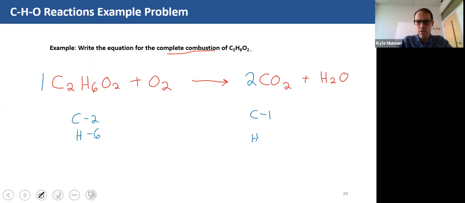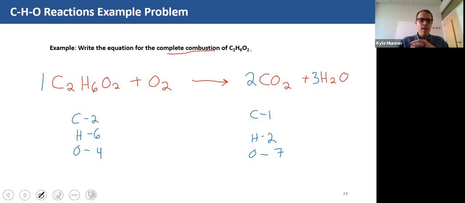Hydrogen on this side of the equation, I have 2. So I need to put a 3 there. Okay. And then oxygen on this side of the equation, I have 4, I believe it is. And on this side of the equation, I have 1, 2, 3, 4, 7 oxygens.